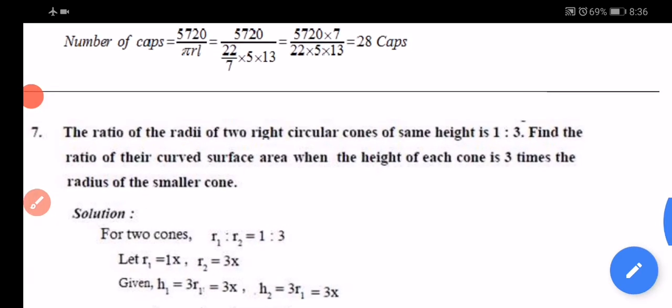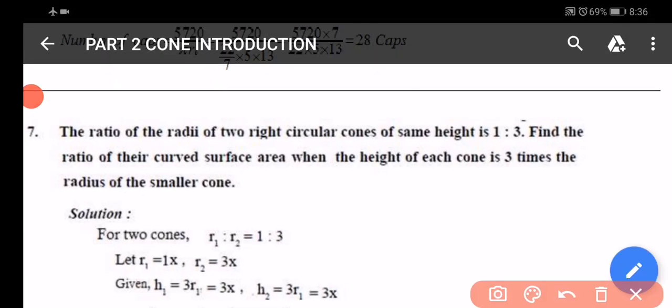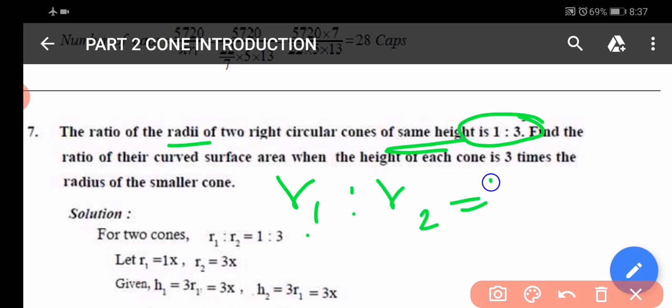So in the question, the ratio of the radii of two right circular cones of same height is 1:3. r1 is the radius of the first cone, r2 is the radius of the second cone, then r1 is to r2 is equal to 1:3, that is given.